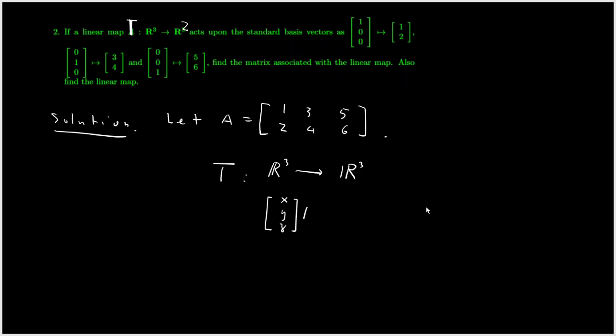The output is computed using the formula we mentioned. Actually, I believe you can remember. The output is computed by multiplying the given matrix A, the matrix A we found, times (x, y, z).